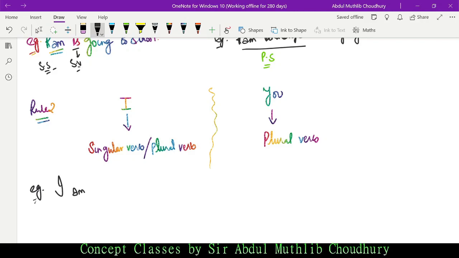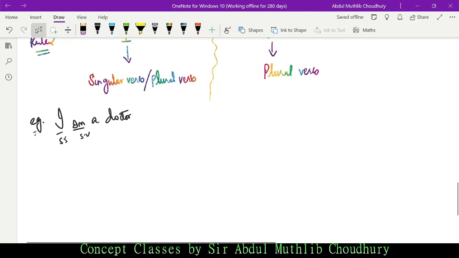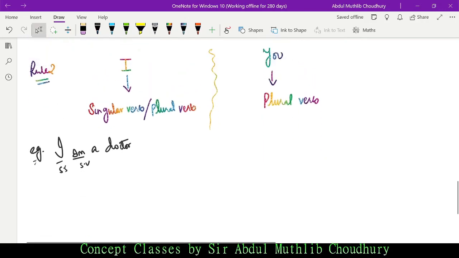I am a doctor. Here I is the singular subject and am is the singular verb. So this is the example of a singular verb. Now I shall give you an example of plural verb with I. I have been to Delhi.